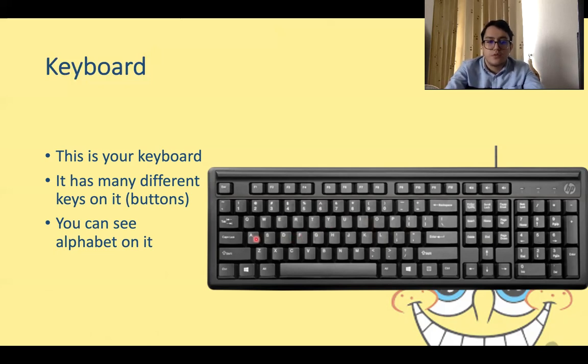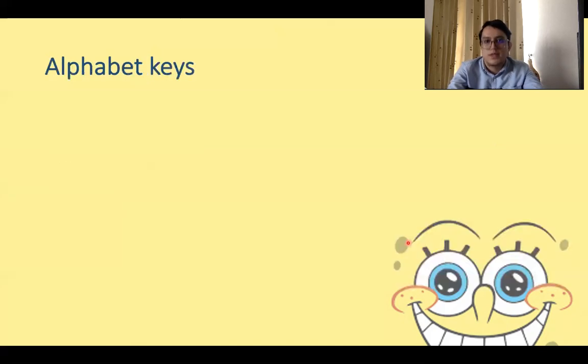For example, if you want to type apple, you have to click A, P, P, L, E, right? To type apple. You can use it to write and type, and also control your computer. Let's go to the next slide.